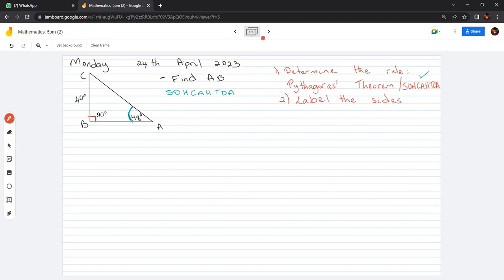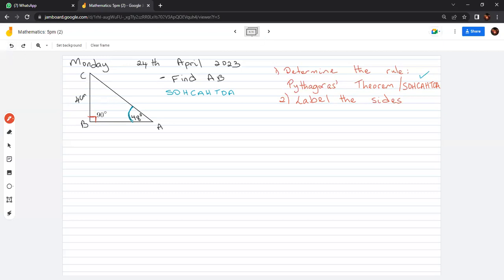All right, so your next step is we're going to label the sides. Your hypotenuse is always the easiest one to identify. The reason for this is because it's the longest side of your right angle triangle, and two, it's always facing or opposite your right angle, right?